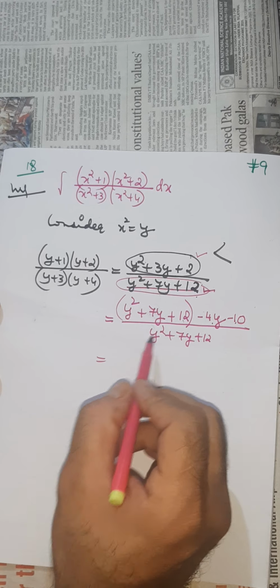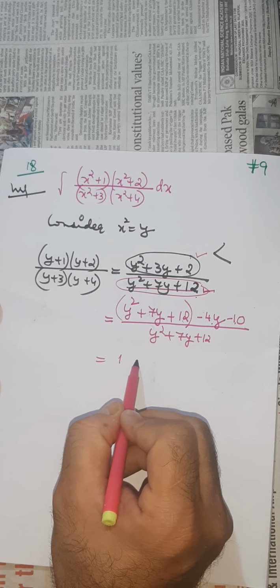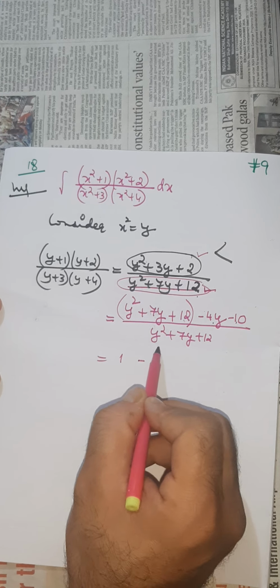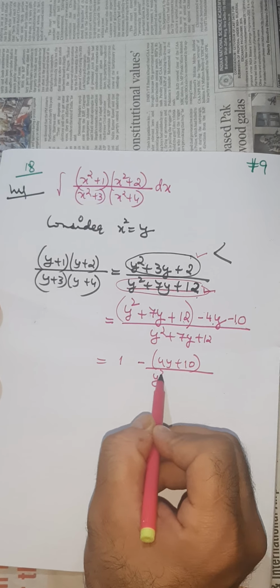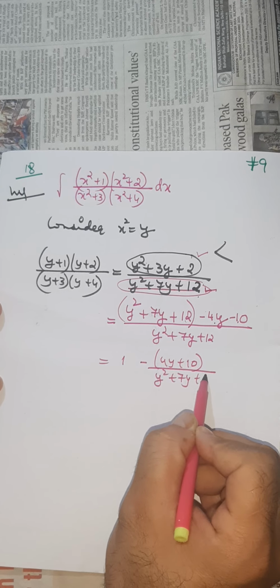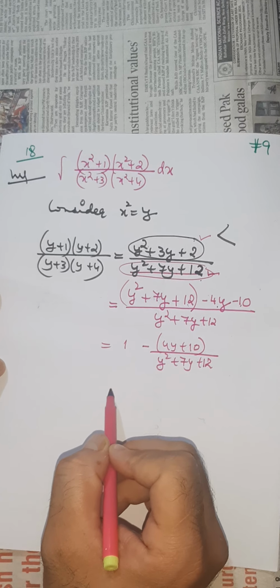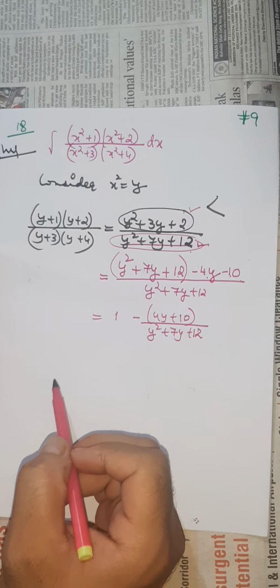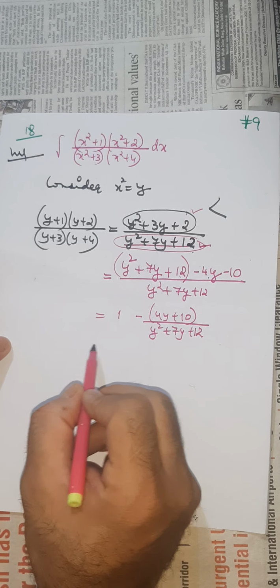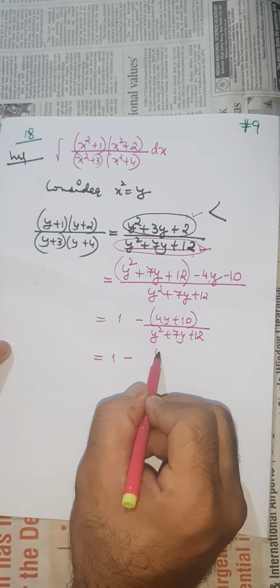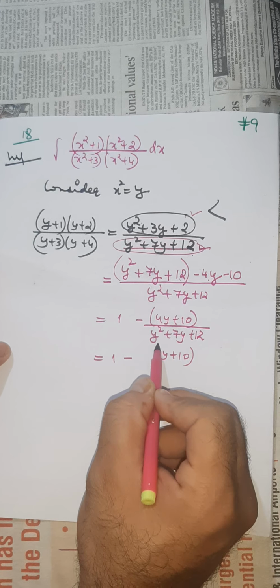Now do individual division, this upon this. This is just 1. Take minus common. So (4y + 10) upon y² + 7y + 12. So this is the simplified expression. And now here, 1 as it is. Here 4y + 10 as it is.